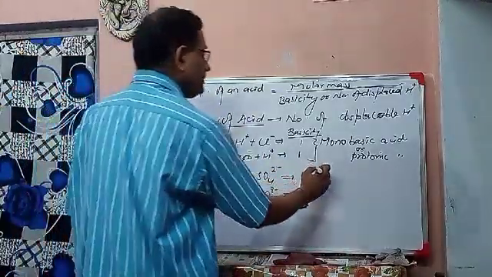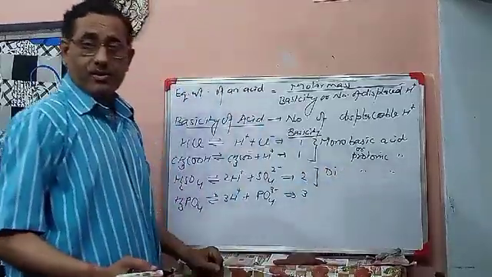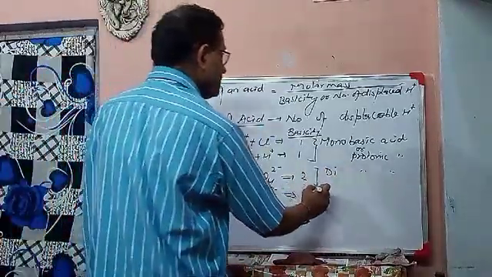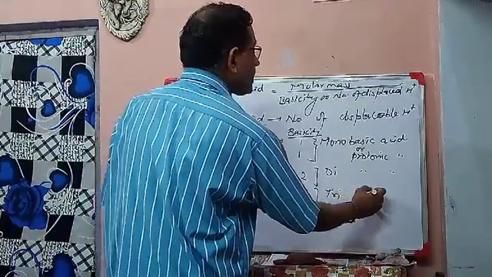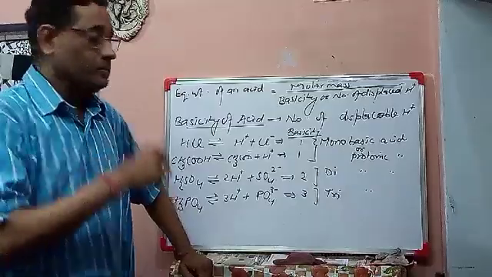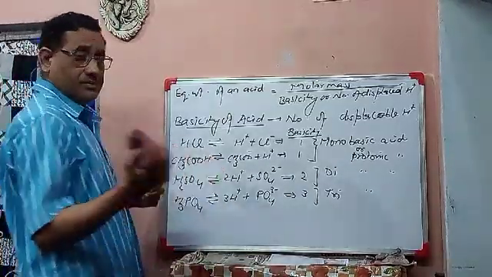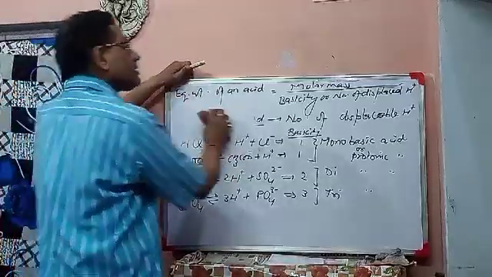In the same way, these are called dibasic acid or diprotic acid. This is called tribasic acid or triprotic acid. Clear?